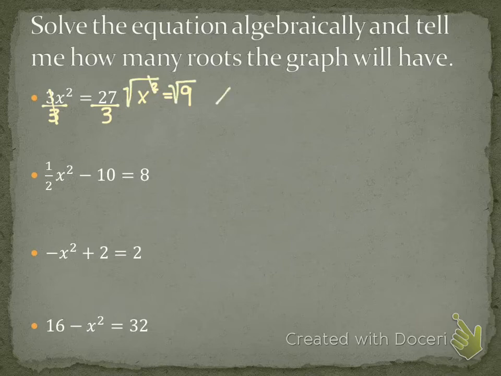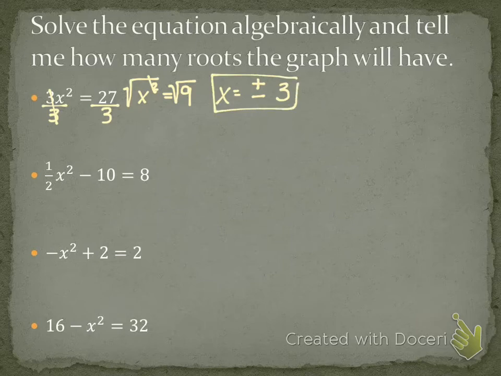What is the square root of 9? 3. What kind of 3? Positive and negative. That is where that sign comes in importance. Okay? It is very important that you know that the roots of the equation are positive and negative 3.